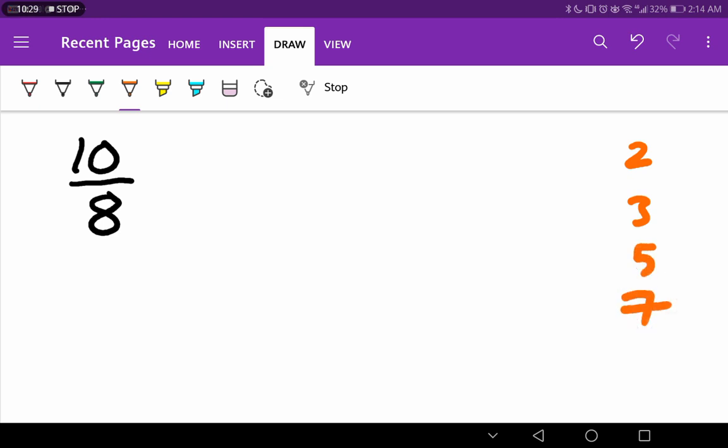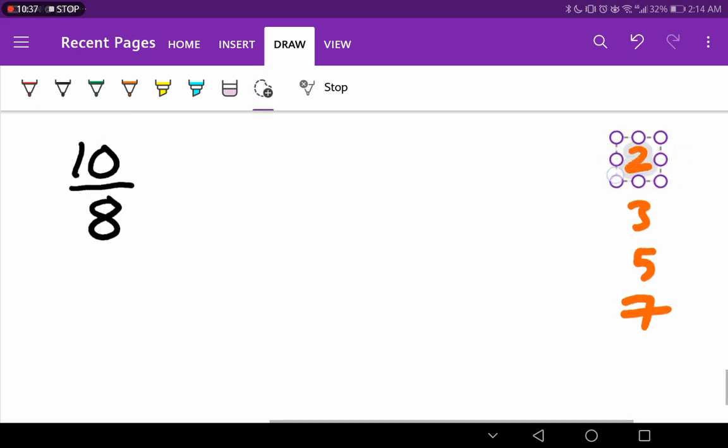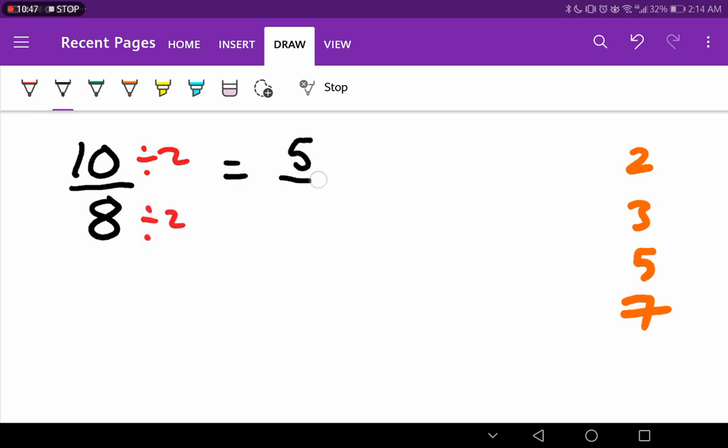Okay, we check if the 2 is working with the 10 and the 8. Clearly it works, so directly we divide by 2. We divide by 2, and this gives me 5, and this gives me 4, and this gives me 1 and 1 over 4, as you see before.